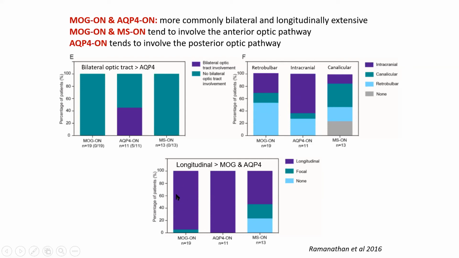But they have similar length of involvement, which tends to be higher in MOG and anti-aquaporin 4 compared with the optic neuritis that we see in MS, which tends to be more frequently focal. Although there is not a straightforward criterion to discriminate between the three conditions. As we can see, there could be also longitudinal lesions also in MS. And this is why it's quite important to combine different information, including functional information from optic nerve conduction and OCT.